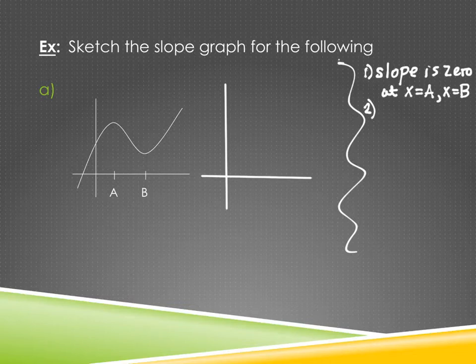Step 2 is to list the locations where the slope is either positive or negative. Now here's the catch. Over here on this graph, the slope is positive when the graph is doing what? Increasing. So all the locations on this graph where you see the graph increasing are places that if you were to draw the tangent line in those spots, and over here as well, you would get a positive slope on your tangent line, right?